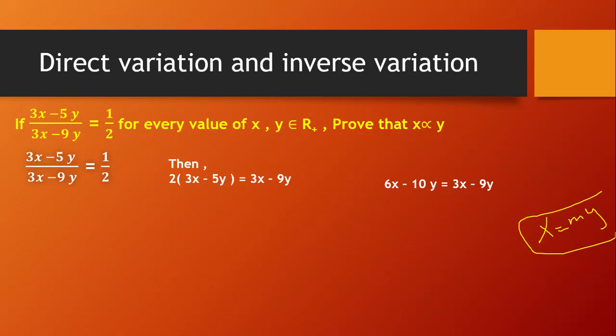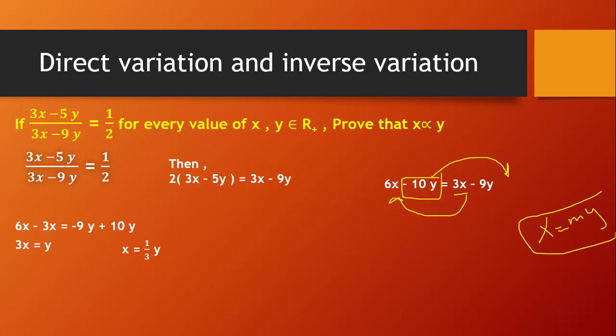Now I have 6x minus 10y equals 3x minus 9y. I want x on one side and y on the other side. So I'll move negative 10y to the right-hand side and 3x to the left-hand side to get 6x minus 3x equals 10y minus 9y. So we have 3x equals y. So what about x? I'll divide by 3.